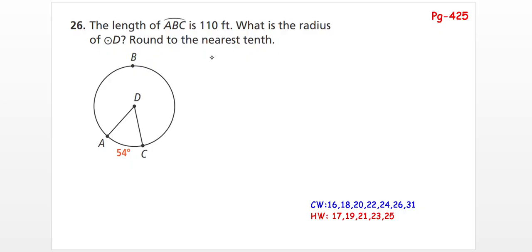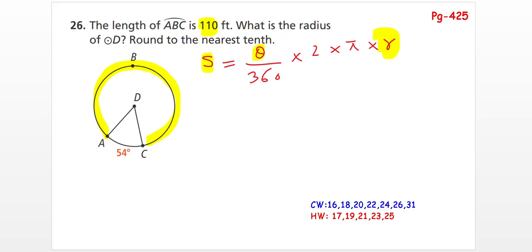So if we write the formula for the arc length, it is S equals theta over 360 times 2 pi r, right? Now here the radius is not given, but the arc length is given. So you can substitute the value of arc length, this 110, in place of S. But what will be the value of theta? This arc length is 110, but the measure of this arc is not given, meaning the central angle for this arc is not given.